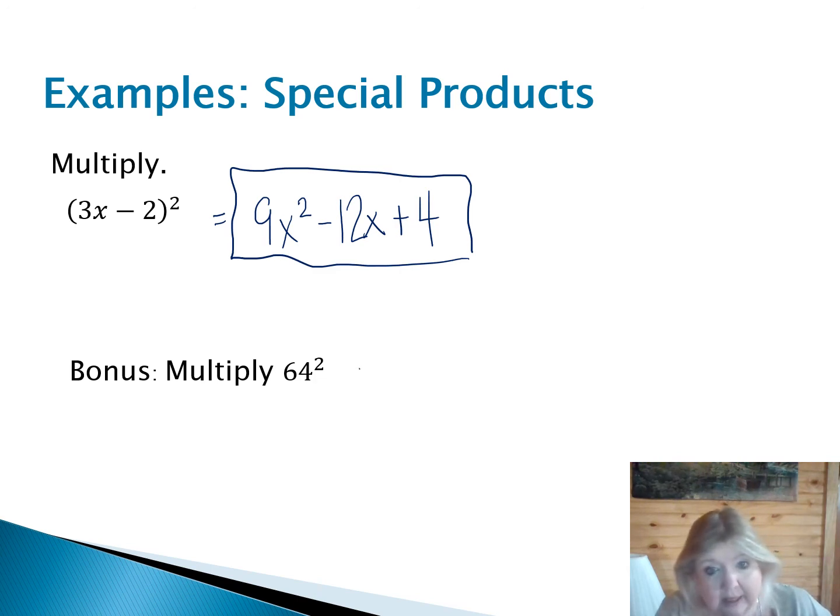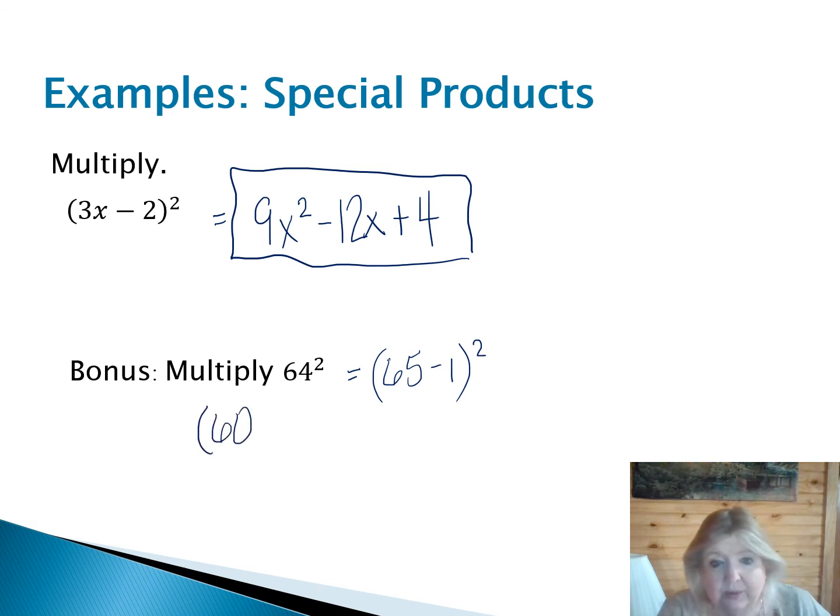And again, a nice neat little bonus. Let's do 65 minus 1 squared. Now, I'm not going to lie to you. I have a good many students when I teach this in an arithmetic type class that prefer to do 60 plus 4. They would rather always do the pluses because they're not good with subtraction. And that works also. So if you would rather do 60 plus 4 because you add better than you subtract, that's what we'll do. 60 squared is 3,600.